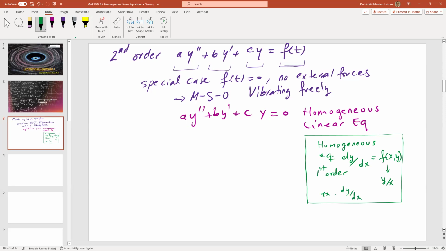Say you're given a function and you play with it and you find out that it can be written in this form. All right, so that's something else. For second order, of course, a linear differential equation is called homogeneous when external forces are not there or not considered.